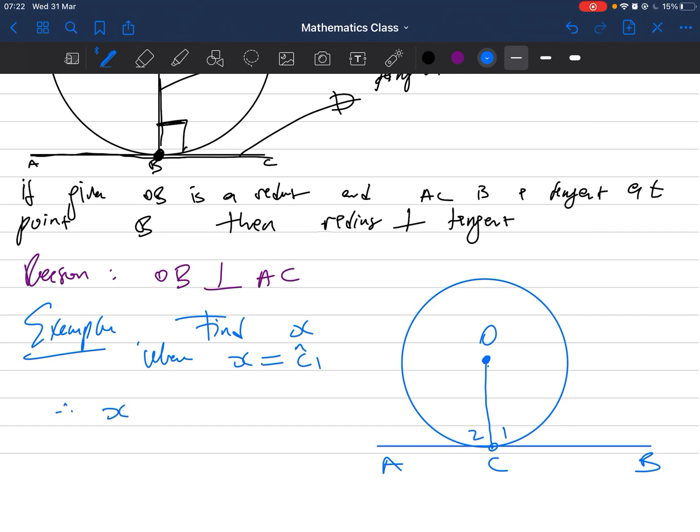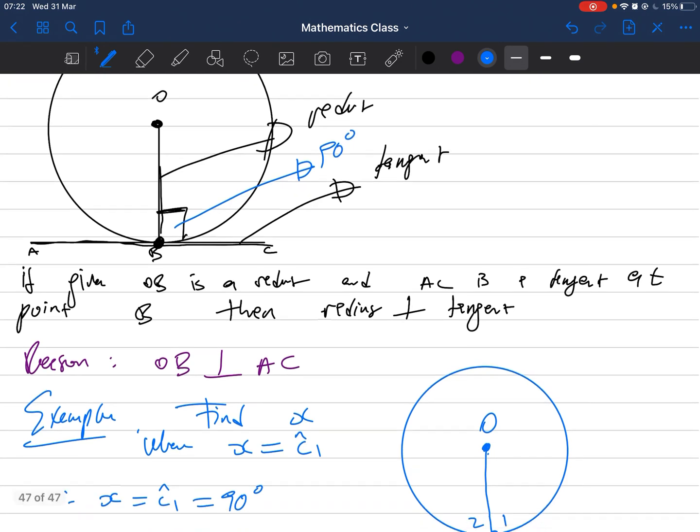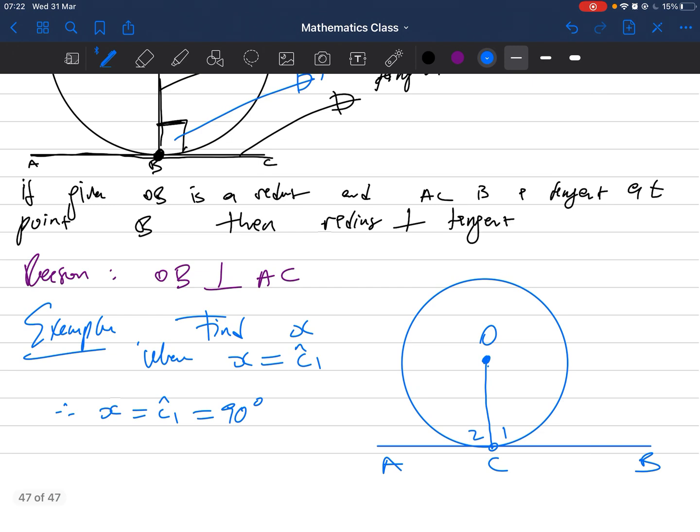My x is equal to angle C1, and angle C1 is 90 degrees. Remember, if something is perpendicular, it means 90 degrees. So x is equal to C1, and C1 is 90 degrees.